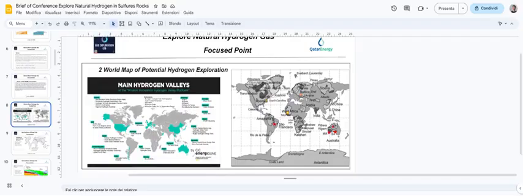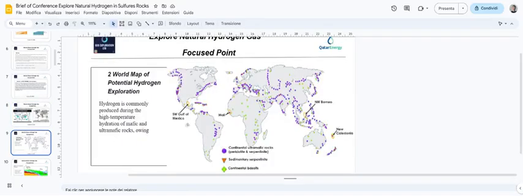So we have, for example, South America, Chile, China, a great part of Australia, USA, and some parts of Europe. All of these places are also linked to the presence of continental ultramafic rocks, peridotite and serpentinite, sedimentary serpentinite, and continental basalts.